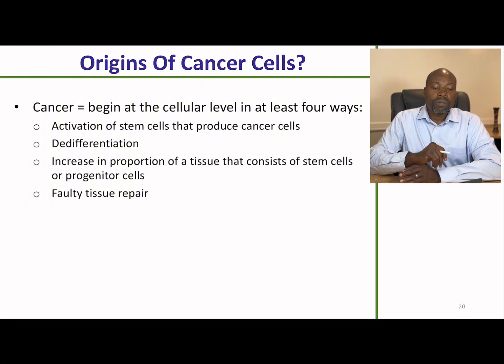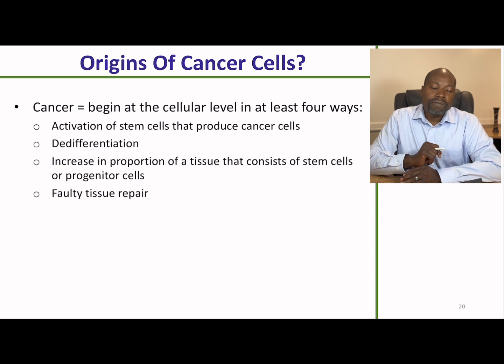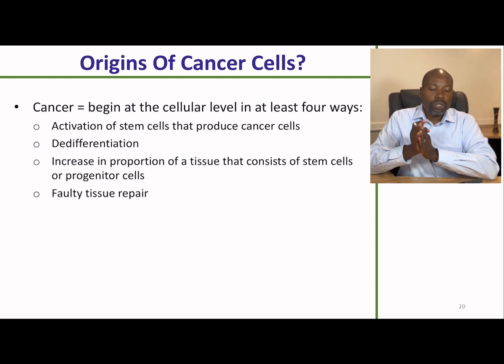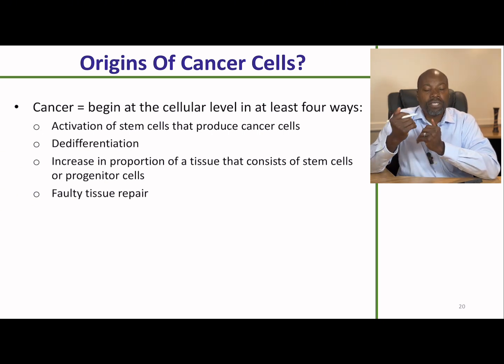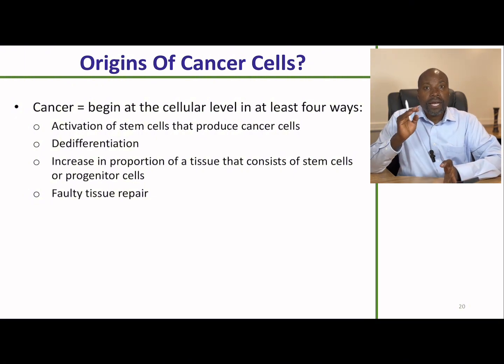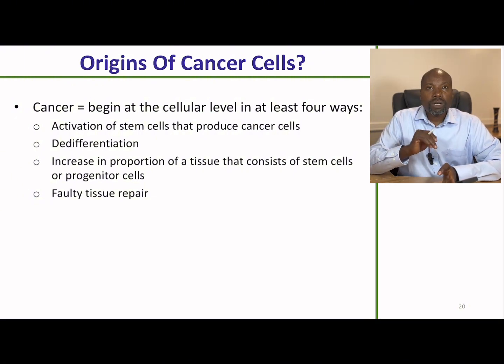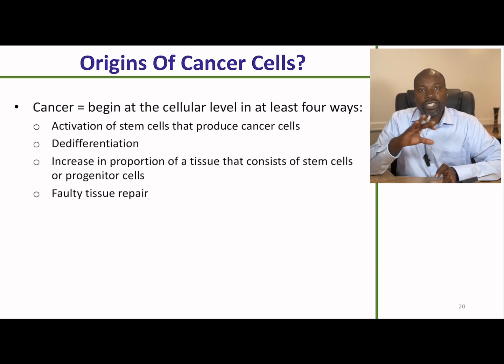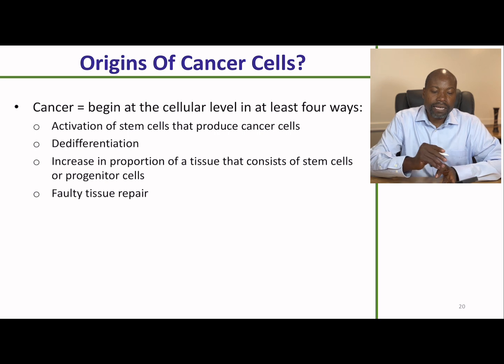Okay, so when we think of the origin of cancer, we are going to think of a number of things. Now, obviously, you have the genetic aspect that we mentioned, but here we are going to address the cells, not the genes, but the cells, right?